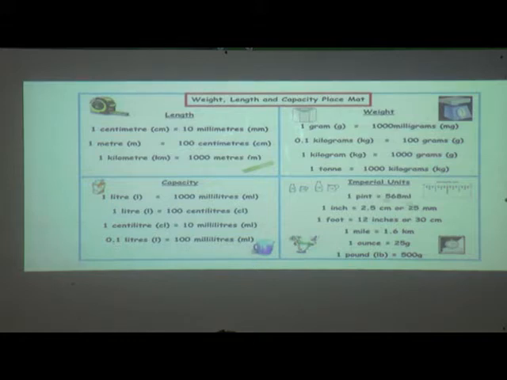Even for imperial units, 1 pint is equal to 568 milliliter, 1 inch is equal to 2.5 centimeter or 25 millimeter and 1 foot is equal to 12 inches or 30 centimeter. For 1 mile we write 1.6 kilometer, 1 ounce 25 gram, 1 pound 500 gram. So these are the standard units.